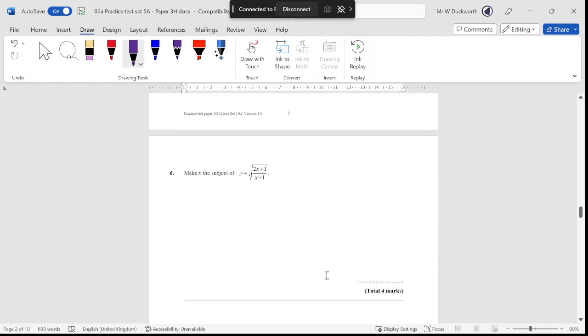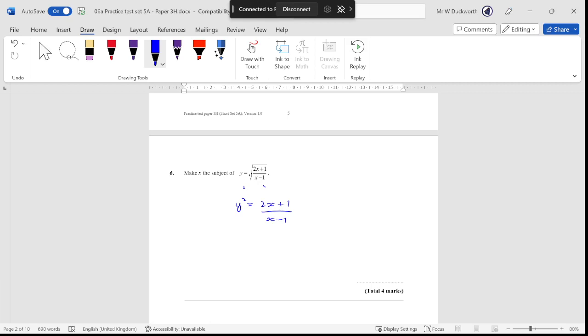this is the one I'd worked with my class with quite a bit prior to the exam, and most people got at least one of the marks. So the first mark was for squaring both sides. So y squared would be equal to 2x plus 1 divided by x minus 1.